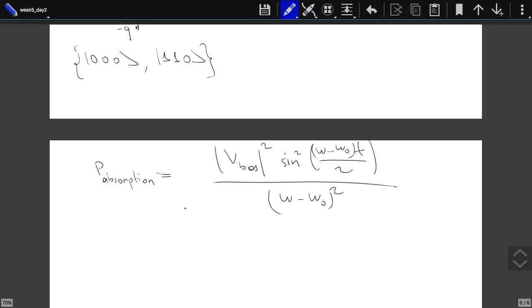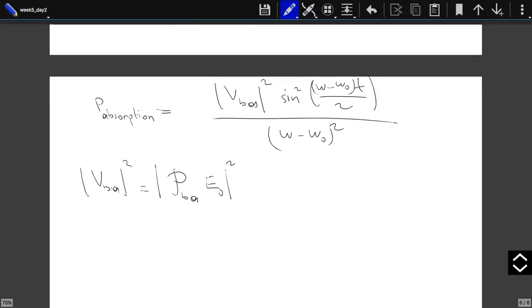And of course, in this case, V_BA squared is basically P_BA squared E0 squared.